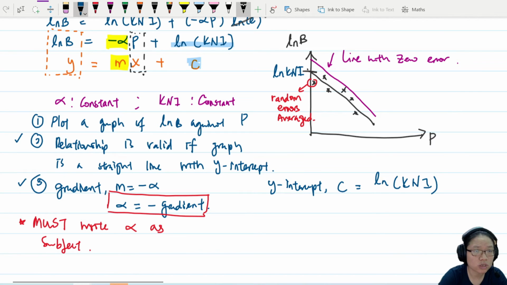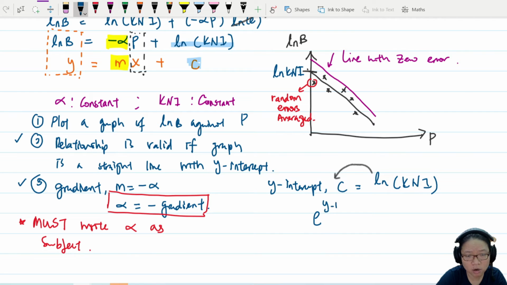So when you throw the ln back, it becomes e to the power of y-intercept. This will be equal to k and I.